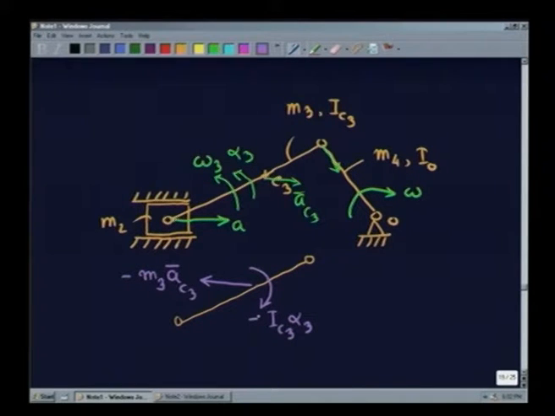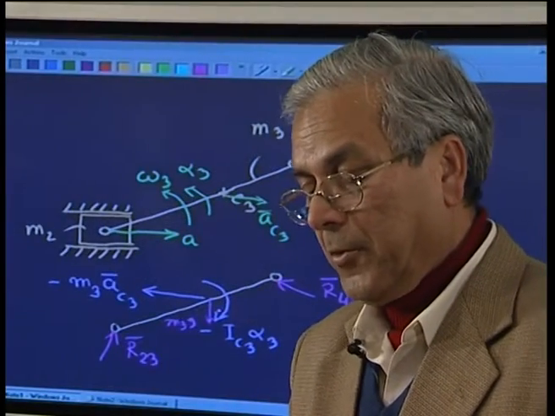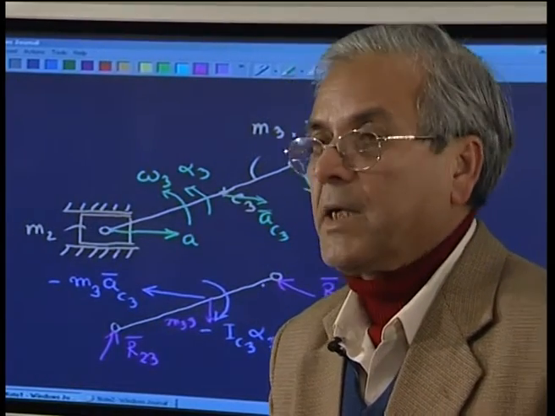So, now if we add these forces hypothetically, then under the action of these inertia forces and moment, and the externally applied forces, which may be, say, weight or gravity, under the action of these three externally applied forces to this member and the applied inertia force and moment, this system will be in static equilibrium.